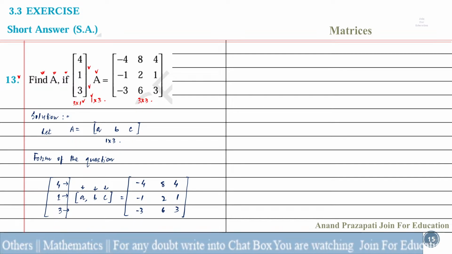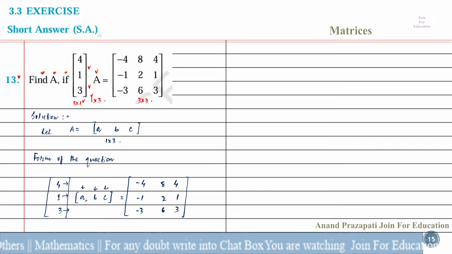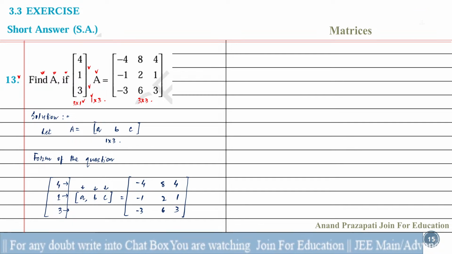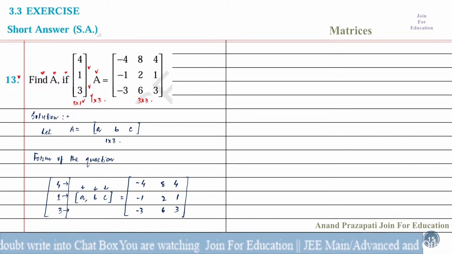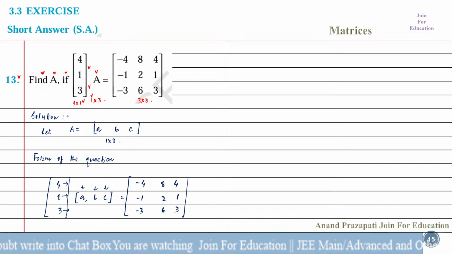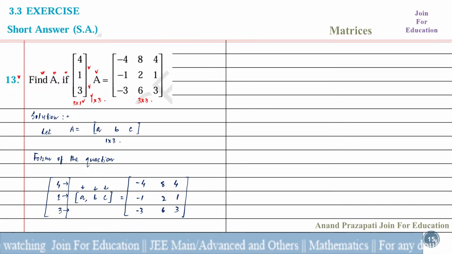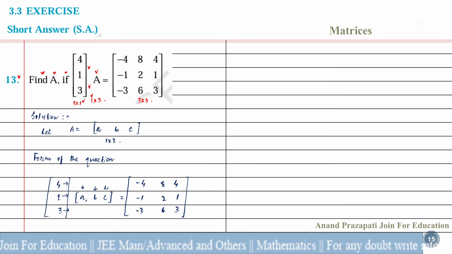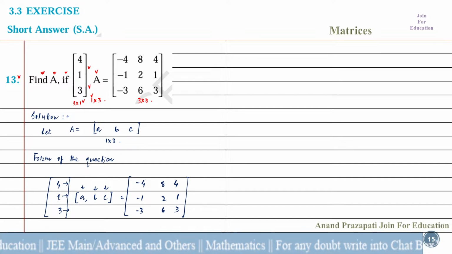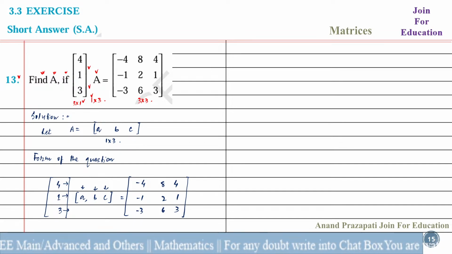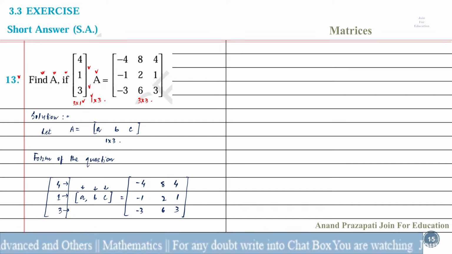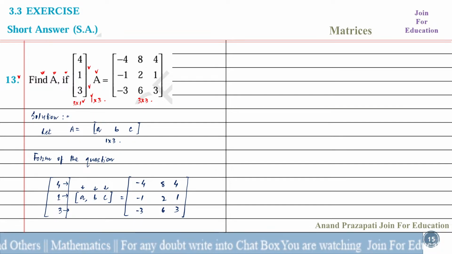Up to this step: 4a, 4b, and 4c. First row, first column: 4a, 1b plus 3c.